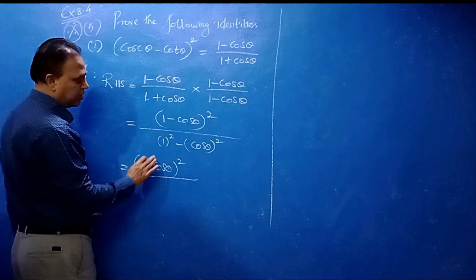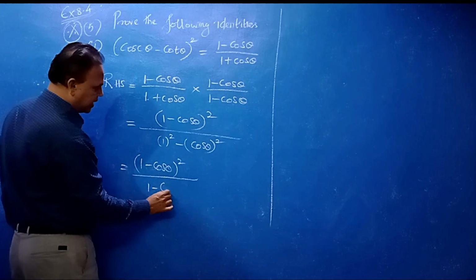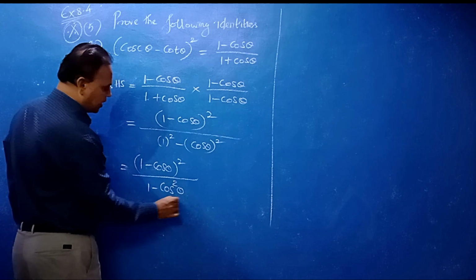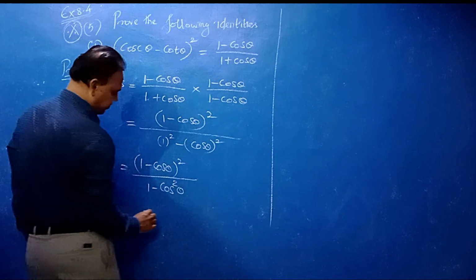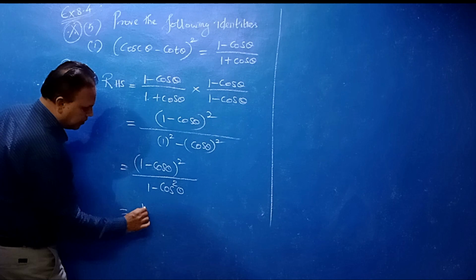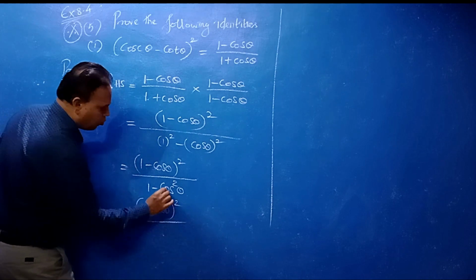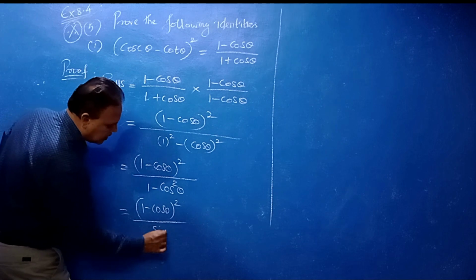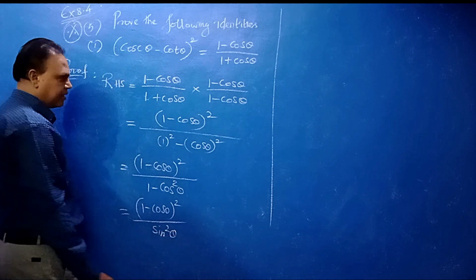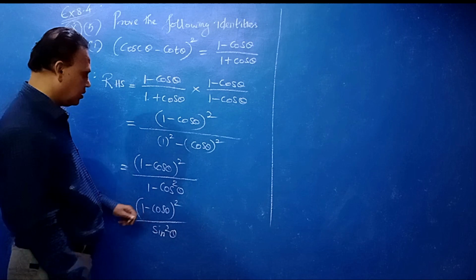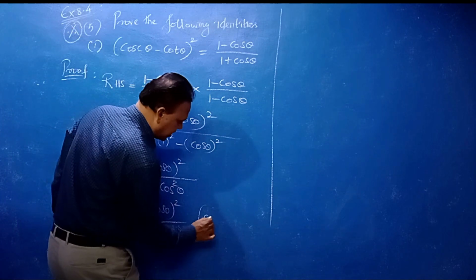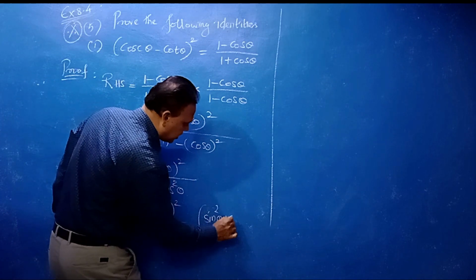Clear? No need. You simplify this: 1 minus cos square theta. What is 1 minus cos square theta? Sin square theta. Right? Here you write: we know that sin square theta plus cos square theta equal to 1.